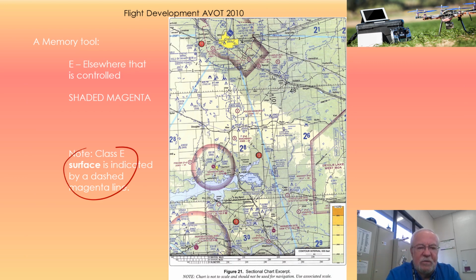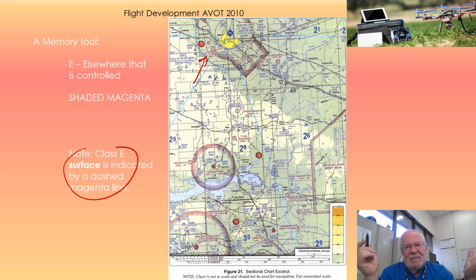Okay, E, there's 2 kinds of E. There's surface E, which you can see right there by the number 1, dashed magenta, that's surface. So from the surface up to whatever's above it. It could be all the way up to A airspace. Everything above that, from the surface up, is controlled airspace.